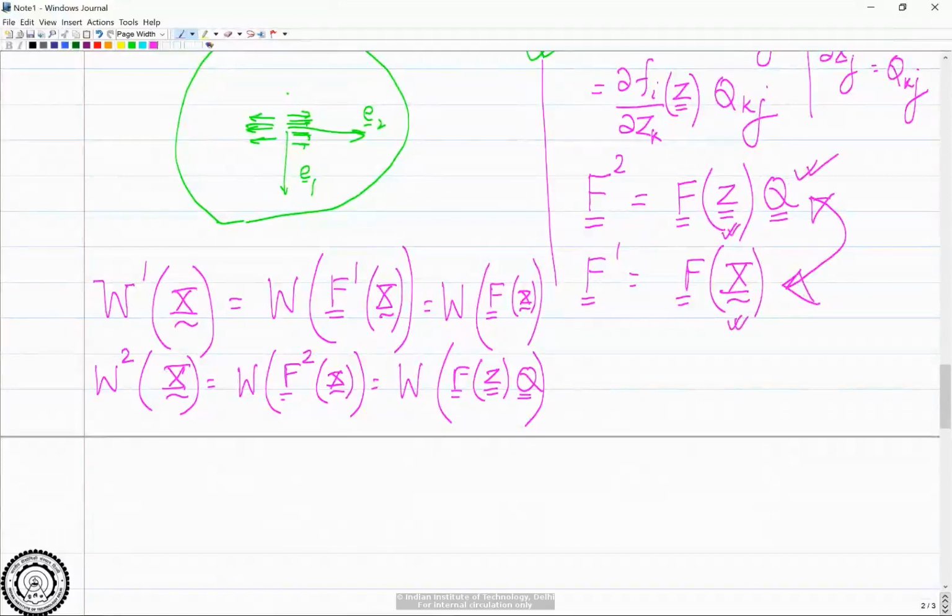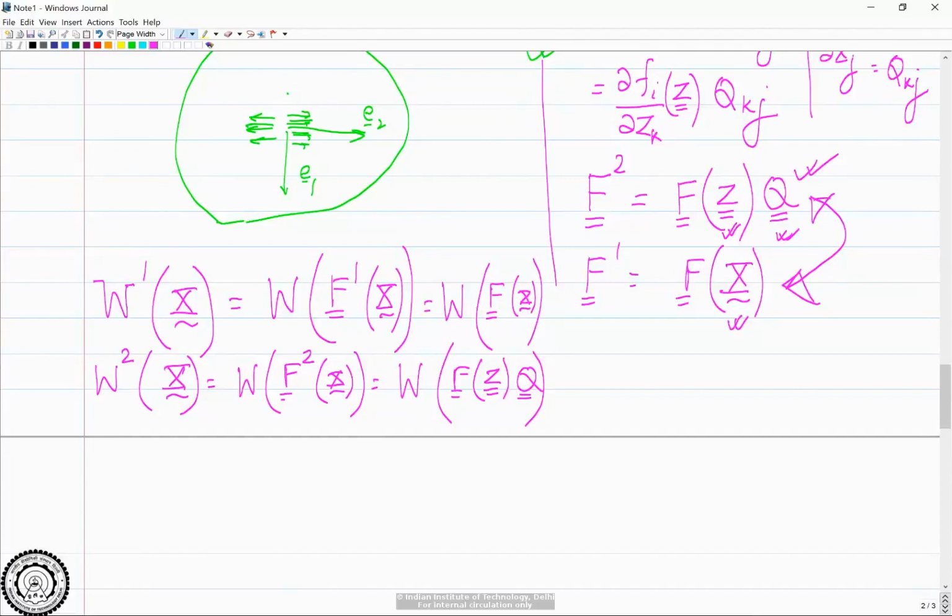So big F will also be different. In addition to q, there is a difference in the value of big F also, because it is being evaluated at two different points. In the first case at x, in the second case at z. Isn't it? So therefore, the energy that will get stored in the body at different points will be completely different.